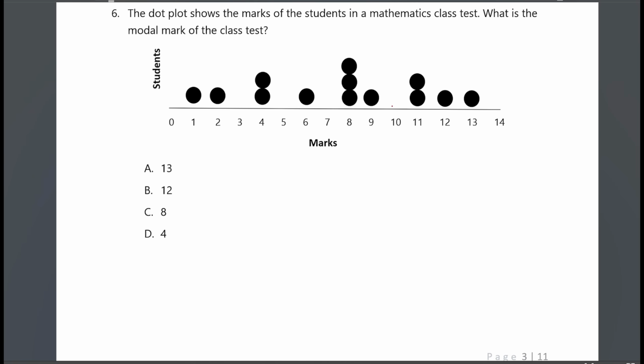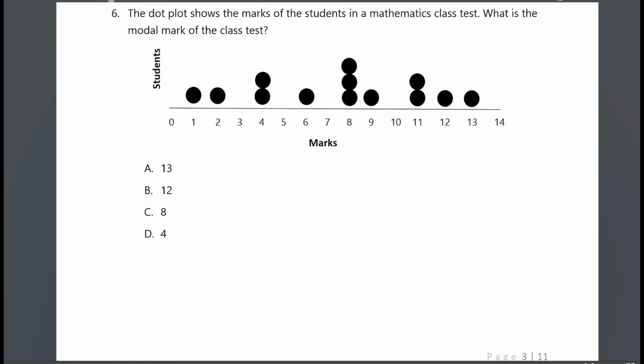No student had a score of 10. 2 students scored 11. 1 student scored 12. 1 student scored 13. And then no student had a score of 14. So that is the interpretation of this particular dot plot.